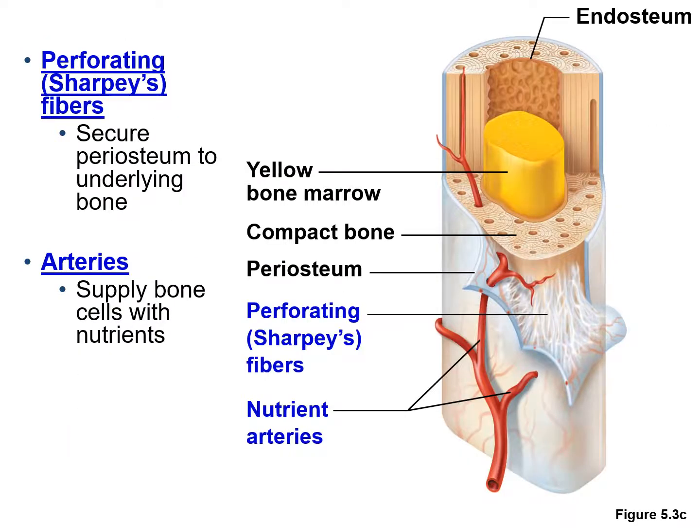If you could rip off the periosteum from the bone surface, you would see that there are some fibers which are known as the perforating or Sharpey's fibers, and these fibers are responsible for attaching the periosteum to the underlying bone. Additionally, you would also see blood vessels such as arteries that supply the bone cells with nutrients. Remember that bones are highly vascularized tissues.